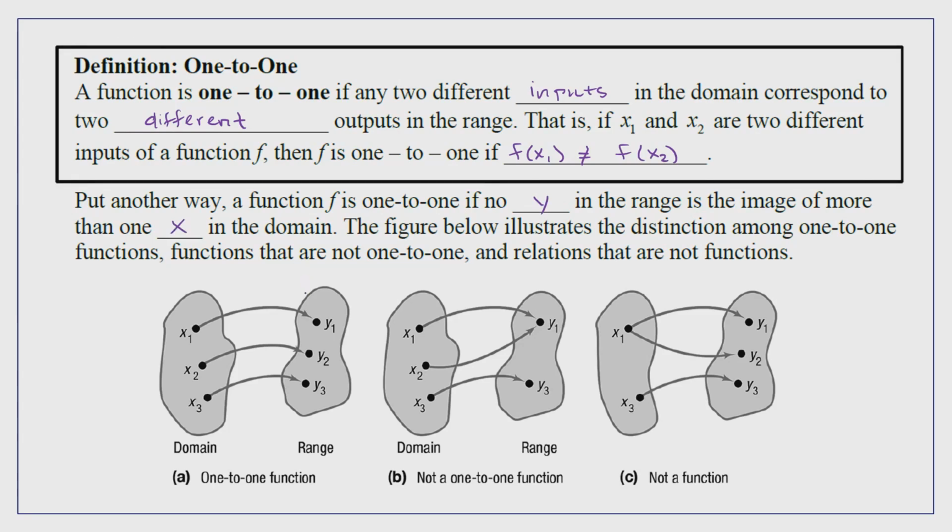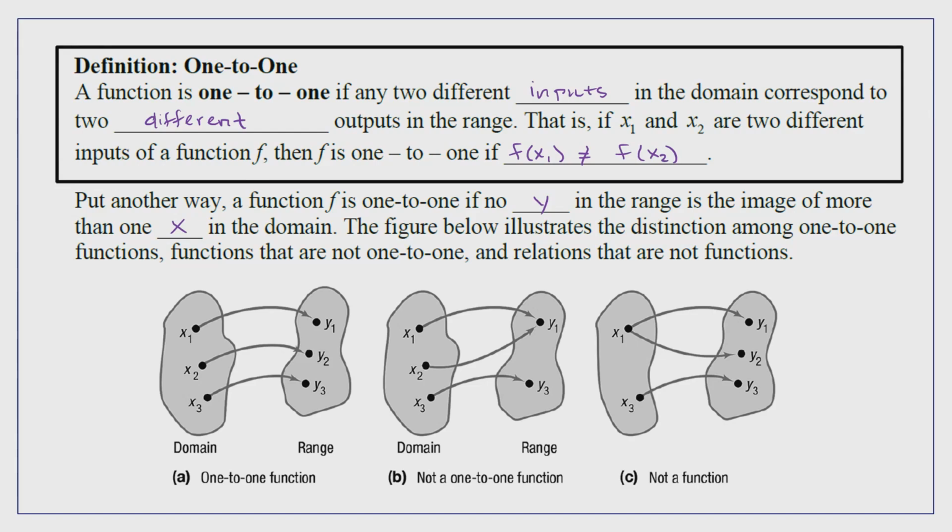The figure below illustrates the distinction among one-to-one functions, functions that are not one-to-one, and relations that are not functions. A is representative of a one-to-one function because every x in the domain has one and only one image in the range, meaning it maps to only one y.